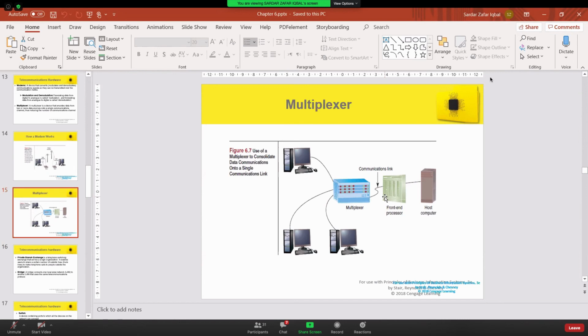So maybe in your building there are 10 flats, and everyone needs the connection. So how will you divide your connection among 10 flats? You need a demultiplexer, that you will receive one line and distribute many lines. And with a multiplexer, you receive many lines and distribute one line. Okay?